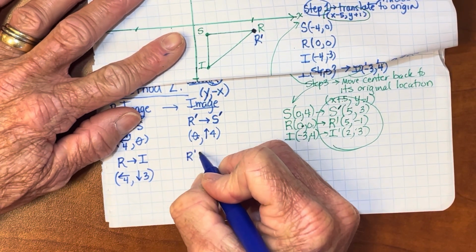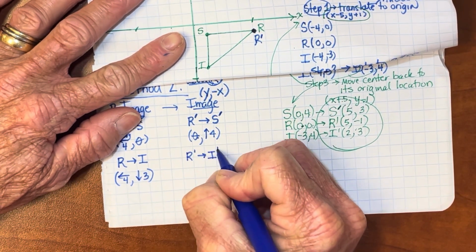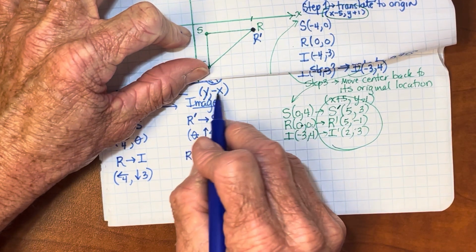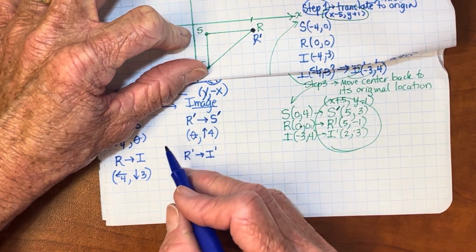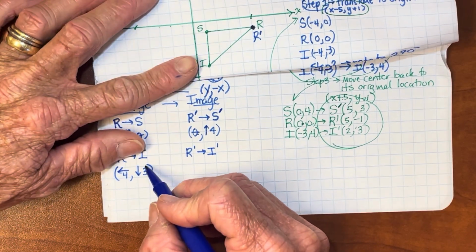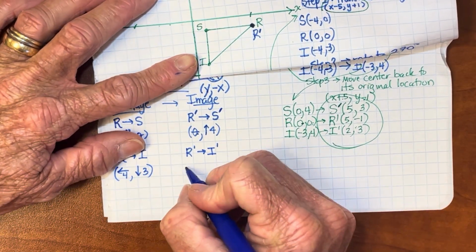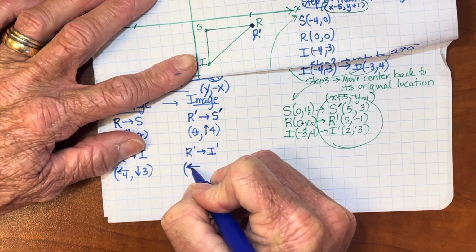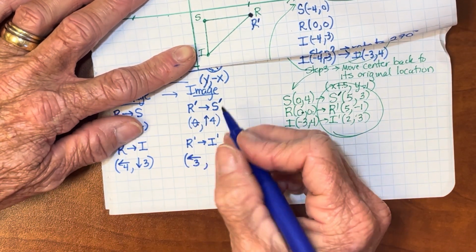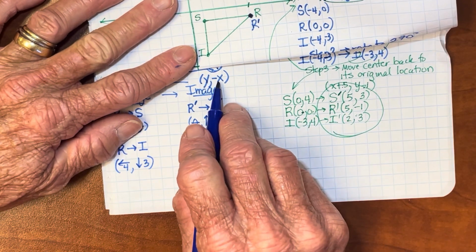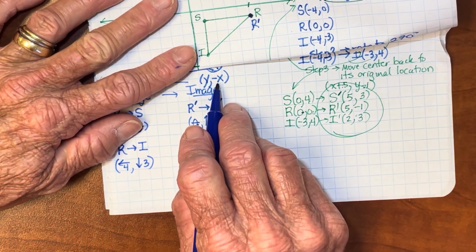To get from R prime to I prime, I'm using this ordered pair rule. So Y is going to come to the front and remain the same. So we were going down 3, that's a negative 3, and that means I'll go left 3 because that's negative in the X direction. And then X will go to the back and change signs.